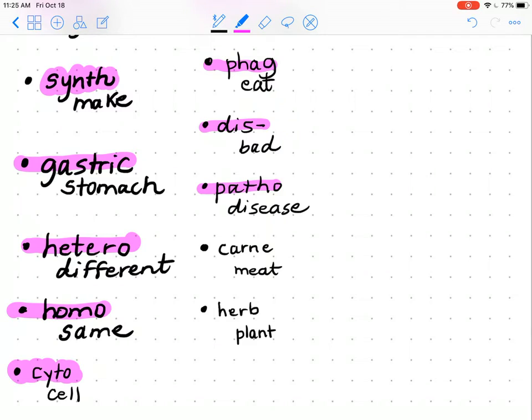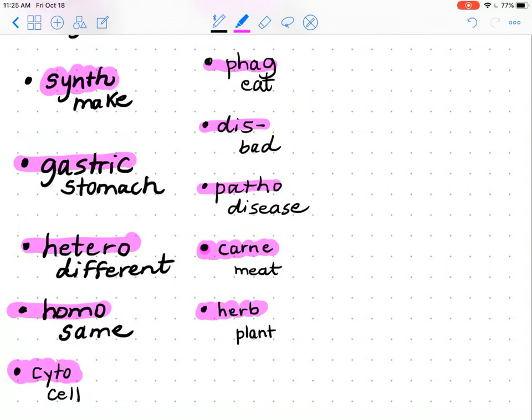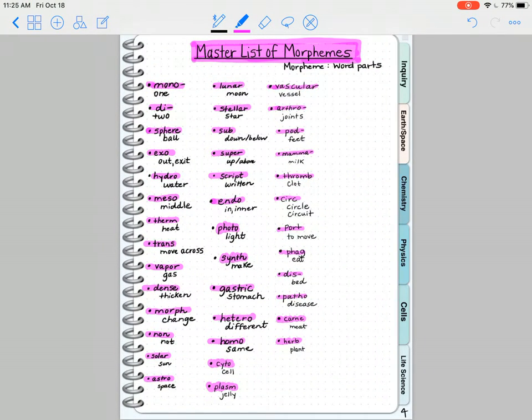And that was not in our list, but it's one that you need to know just the same. So I'll add that in there. Our list of morphemes is growing, guys. That's a good thing. Keep practicing those, and it will help you break down some of these big science words that you need to know.